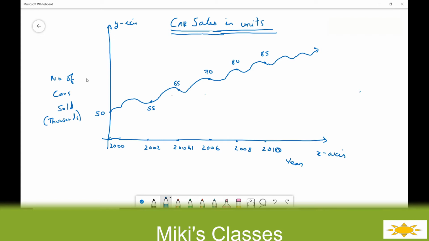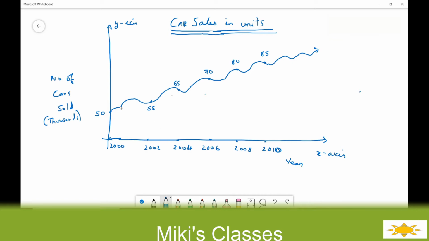So the y-axis has the number of cars sold, all in thousands: 50,000, 55,000, 65,000. We portray this graph on the basis of the years. In 2000 it was at 50, 2002 at 55, 2004 at 65, 2006 at 70,000, 2008 at 80,000, 2010 at 85,000.